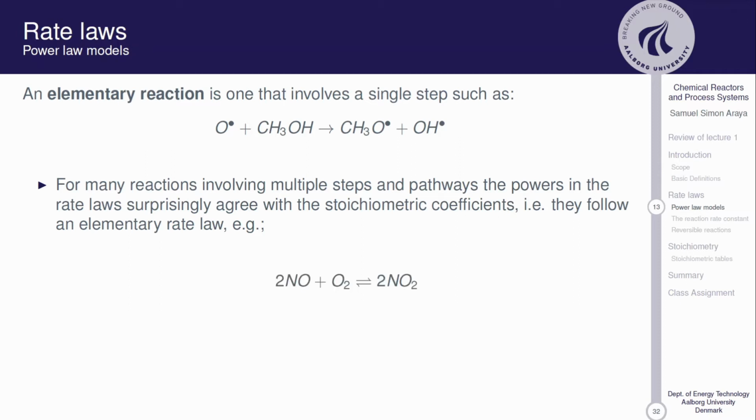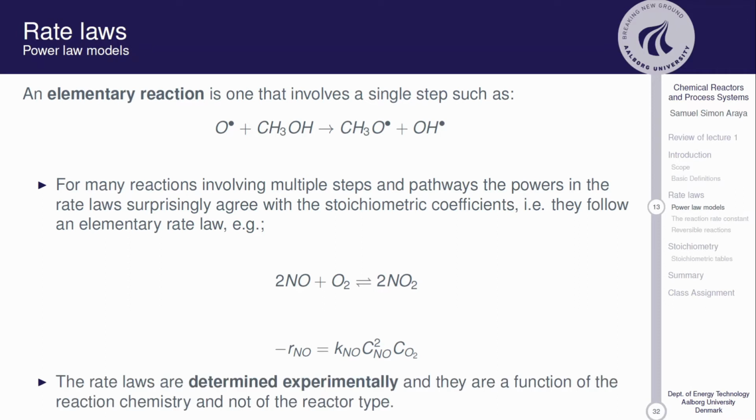As an example, the same example that we had before with nitrogen monoxide and oxygen, we can say that the rate of disappearance of nitrogen monoxide depends on NO to the power of 2, because we have the coefficient 2 here, and on oxygen to the power of 1, because the coefficient is 1 here. So we can define rates like this based on our balanced equations.